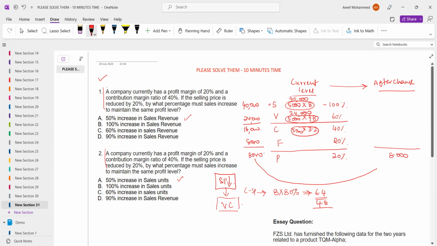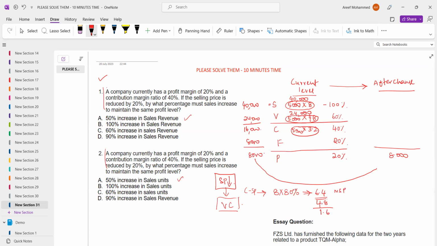Now you tell me, what is the contribution here? 1.6. This 1.6 is from the new selling price, correct?